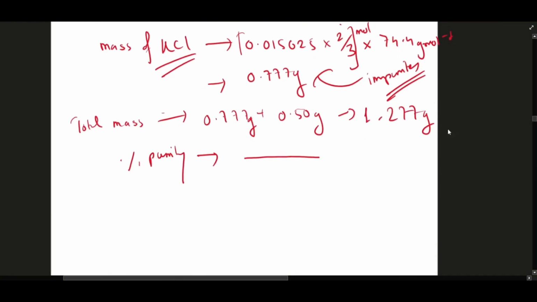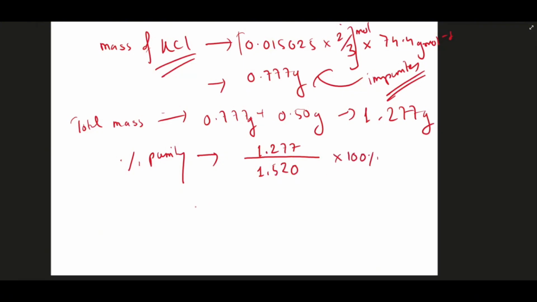The total mass of the pure things was 1.277. So if you keep 1.277 in the numerator and place the total impure sample's mass, what will be the purity of the sample? Kind of 84.01%. That will be the purity of the sample.